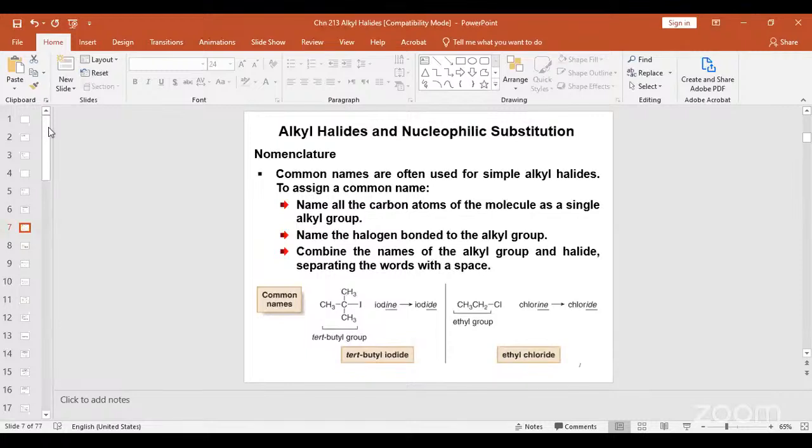So we have tertiary butyl, because the carbon there is a tertiary carbon, and since you have 4 carbon atoms, that's butyl, and then you have iodine. We also have ethyl, and that's why that one is called ethyl chloride.